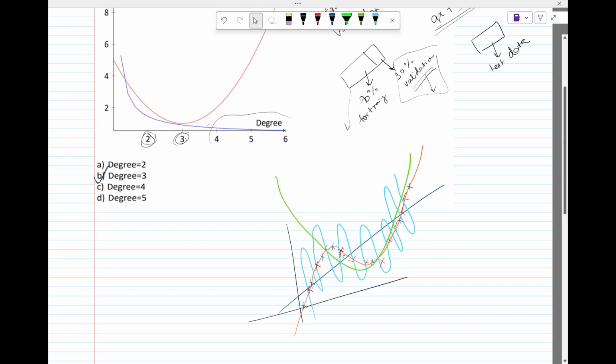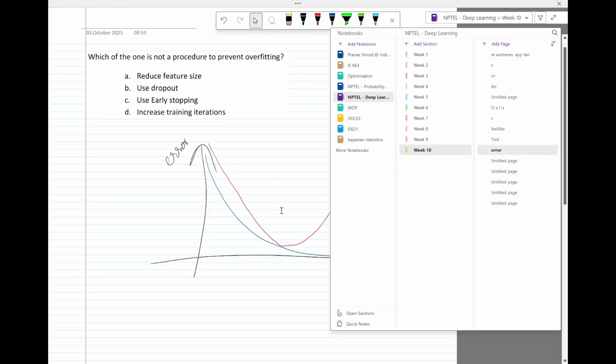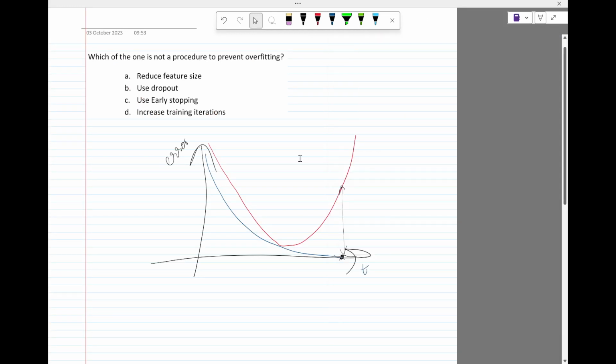While when I am using a smaller degree polynomial, that means a smaller feature size, then it is underfitting or better fitting. It's a better fit than the highly parameterized model. So more number of features can mean memorization, and less number of features can prevent overfitting. This is correct. This is not the answer.